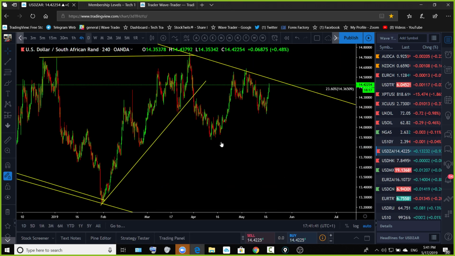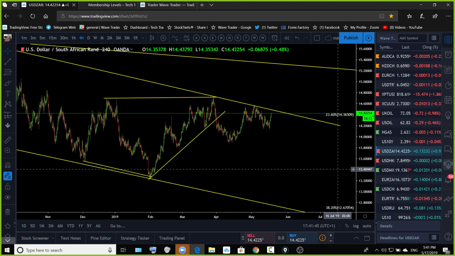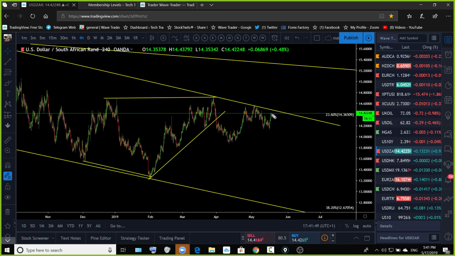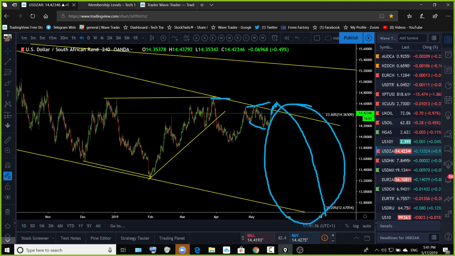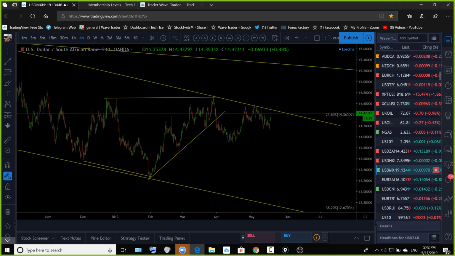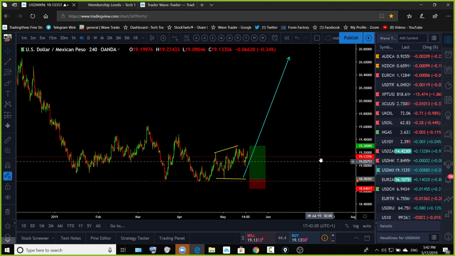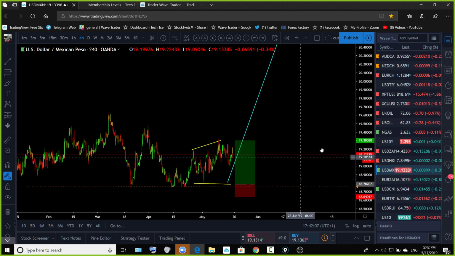All right, and dollar rand, similar wave. All right, so slightly push higher or test that top, go lower. So that wave to happen on the dollar rand. And dollar Mexicano, dollar peso to reverse.